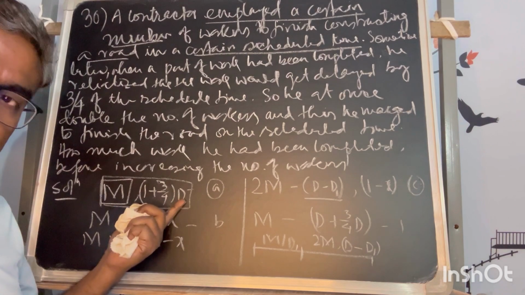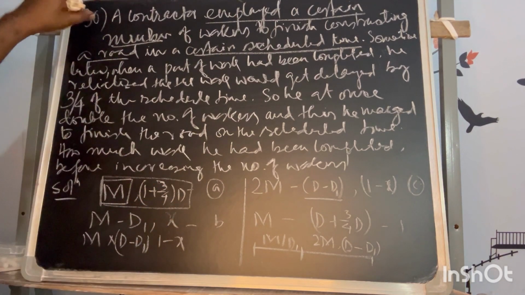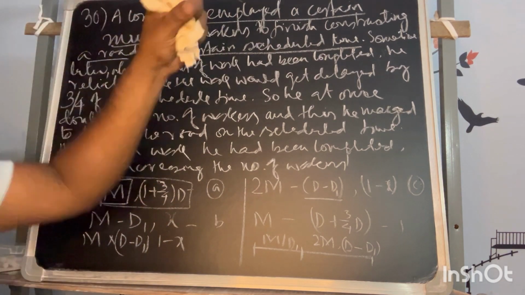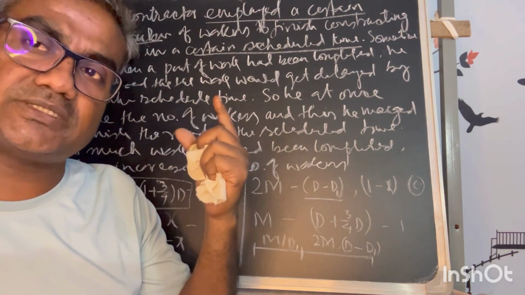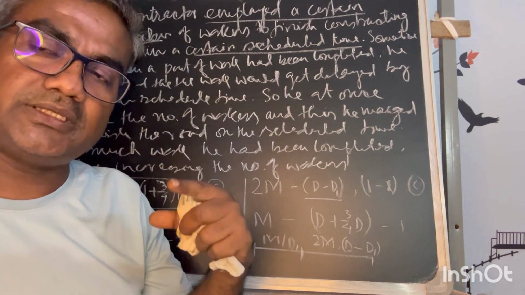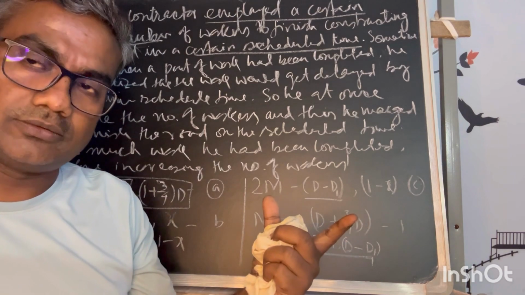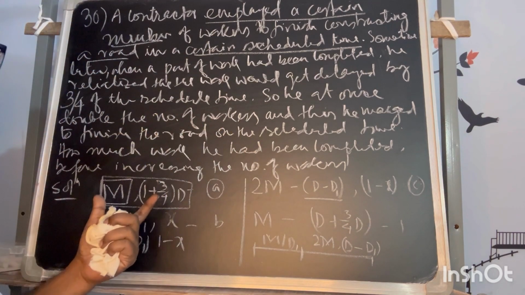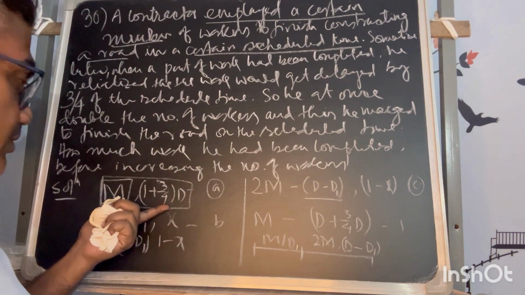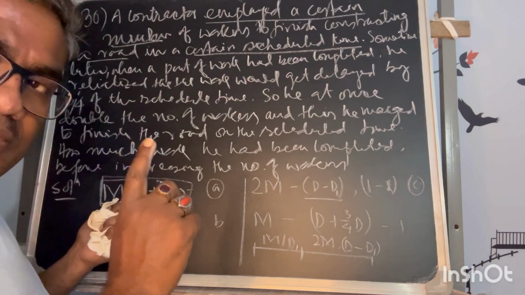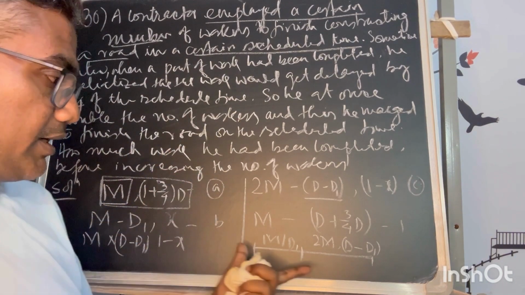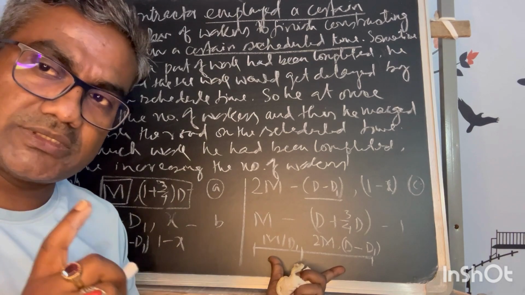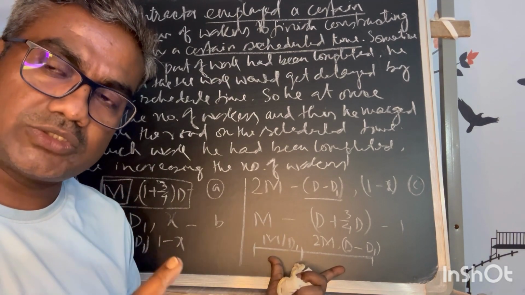So this is the true scenario. But the manpower engaged, if I consider the individual manpower, their efficiency is the same. Only the time calculation goes wrong. So whatever efficiency I calculate from this information and from that information, those must be the same.